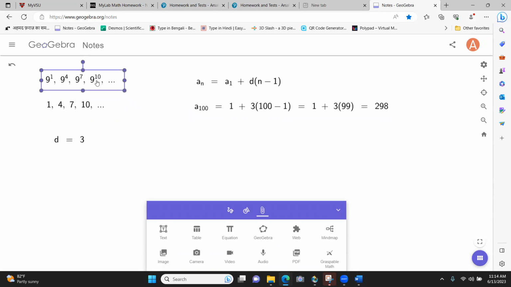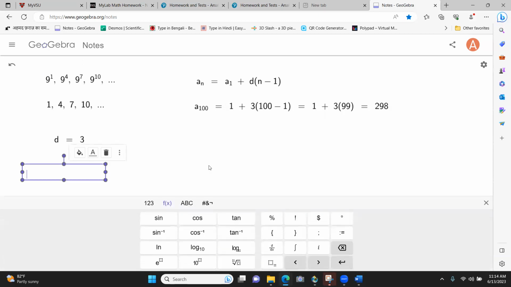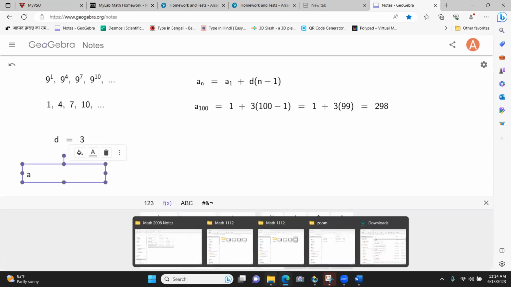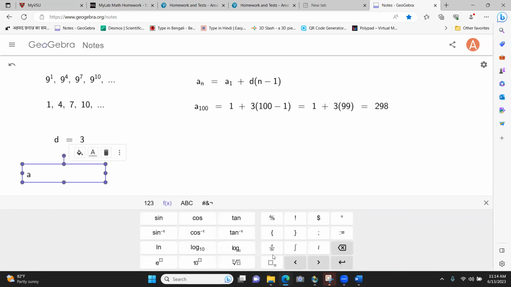I know it's not an arithmetic sequence, but the powers are. So you can write a subscript 100 is going to be 9 to the power 298.